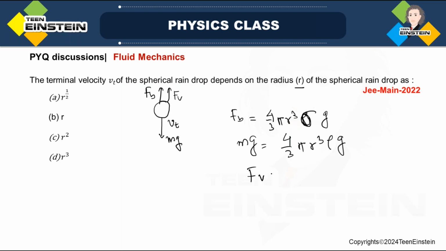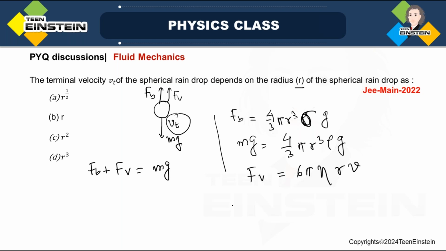And Fv, since the velocity is Vt, will be 6 pi eta r v. So look from here, I have to find out what is the variation of r with the terminal velocity. The equation of motion is this equals mg.